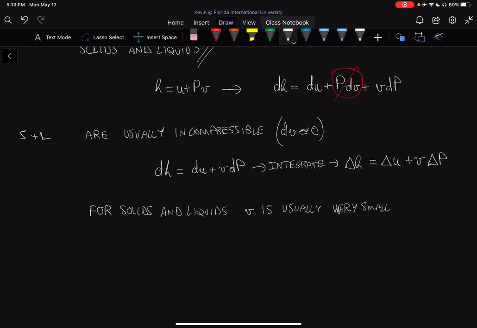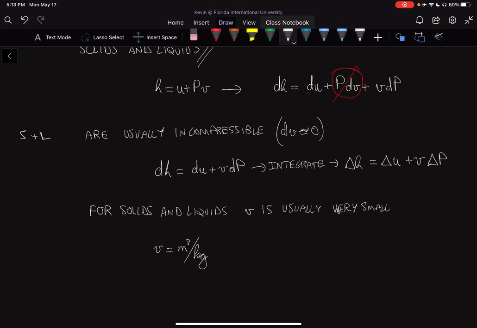So remember, V is equal to meters cubed per kilogram. So it's the opposite of density, and V is usually very small for liquids and solids.